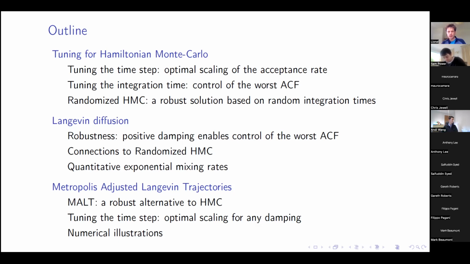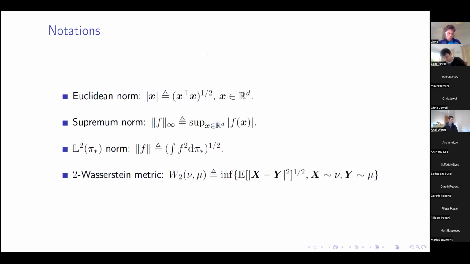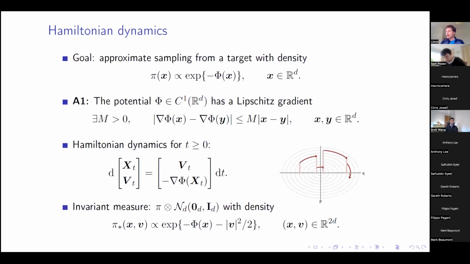All right. So let's go. I'd like to start with simply defining notation that will be used during the talk. These are just metrics and norms that I will refer to. And we are going to talk about a particular MCMC algorithm known as Hamiltonian Monte Carlo. Right?